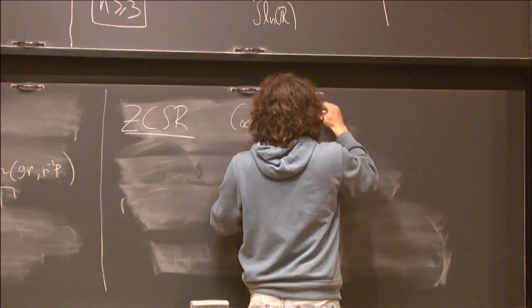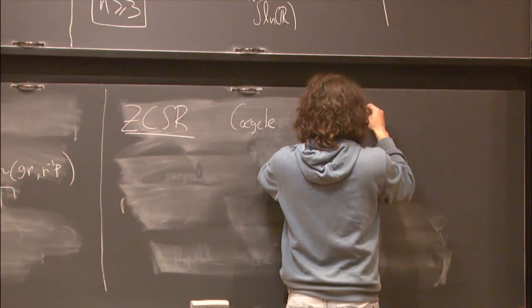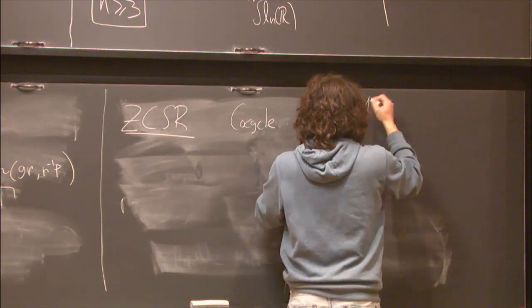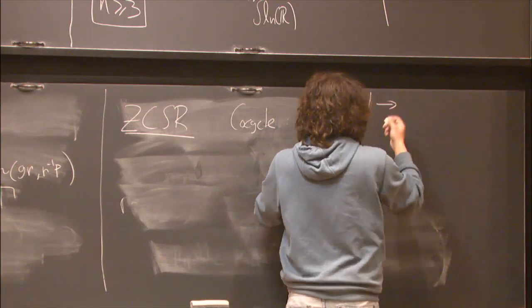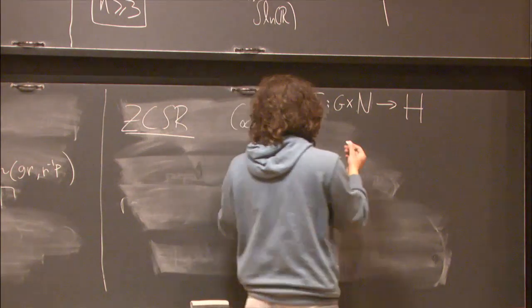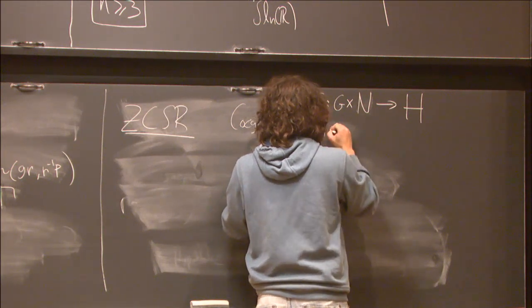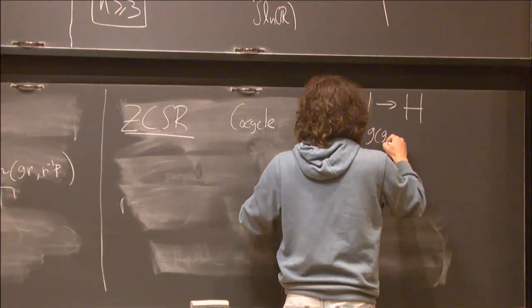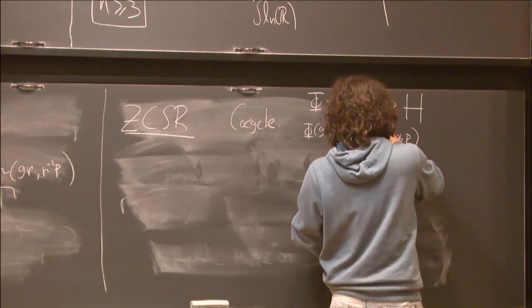A cocycle is a map from G cross some space, which for me is M alpha but let's call it N, into some Lie group, and it satisfies the chain rule: phi of g1 g2, p is phi of g1, g2 p times phi of g2, p.